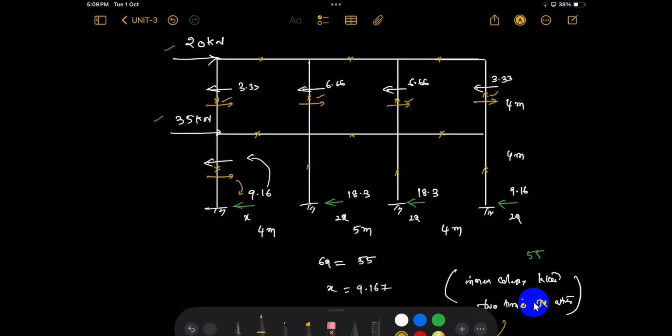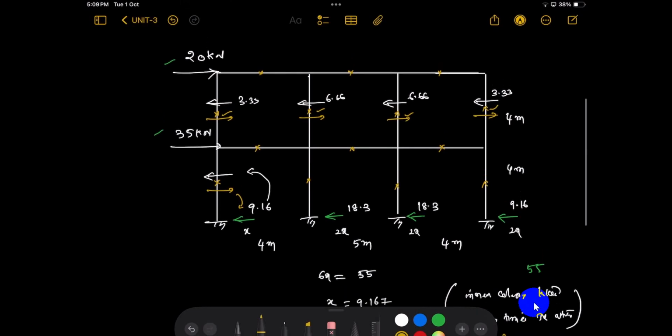So this value is 9.16, this value is 18.3, 18.3, 9.16. Once you draw the story shear, we can calculate the bending moments in the beams, columns, axial forces, everything.